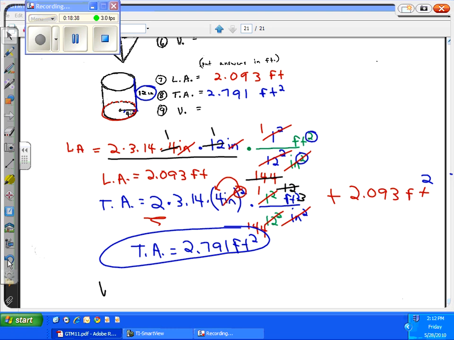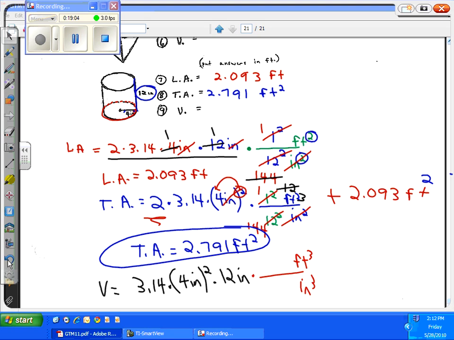And then for the volume, it is equal to the area of the bottom, which was pi times the radius of 4 inches squared, times the height of the prism, which was 12 inches. But then we want to lose that name cubic inches and gain the name cubic feet.